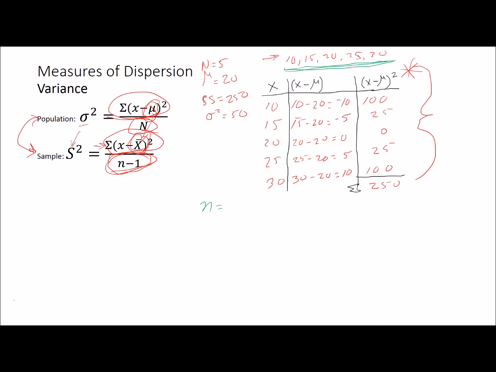It's lowercase because it's a sample this time. We have a mean. The mean is going to be x bar, so x bar, and the mean is 20. So yes, you would change this up here if we're doing this as a sample. We would change that to x bar.